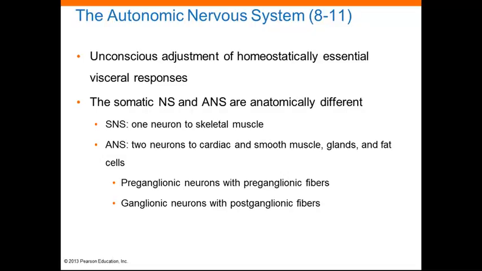And these are called ganglionic neurons. So much more complex than the somatic nervous system. And these autonomic nervous system ganglionic neurons then are going to innervate cardiac and smooth muscles, glands, and fat cells.